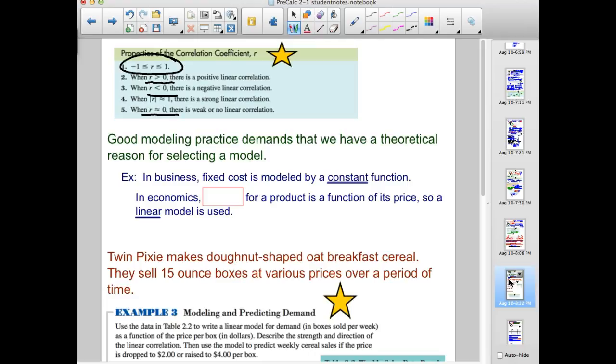If R is 0, we say there's relatively no correlation. So an R value of, say, 0.2, I would say is very, very weak. An R value of 0.9 is going to be very strong.